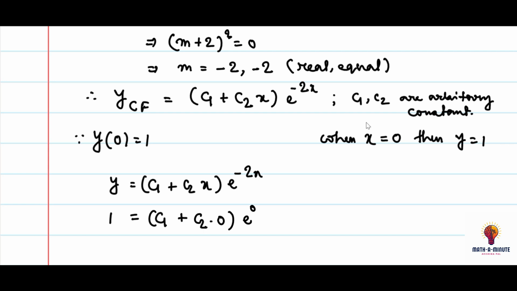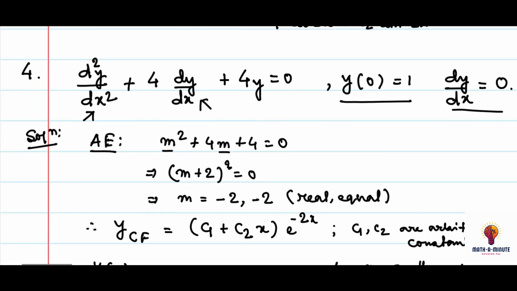From this equation, we can directly conclude that the value of c1 equals 1. Now, let me check the second initial condition. The second one is dy dx equals 0.